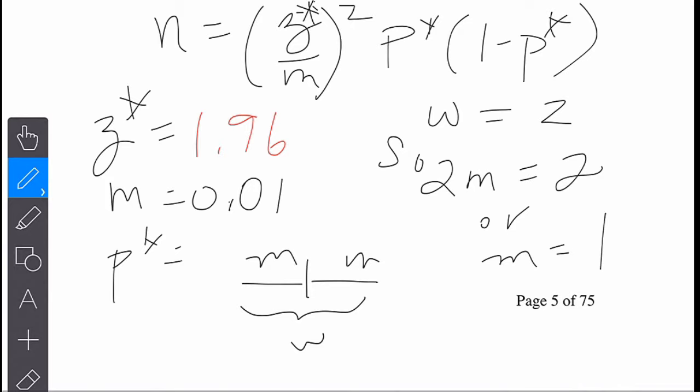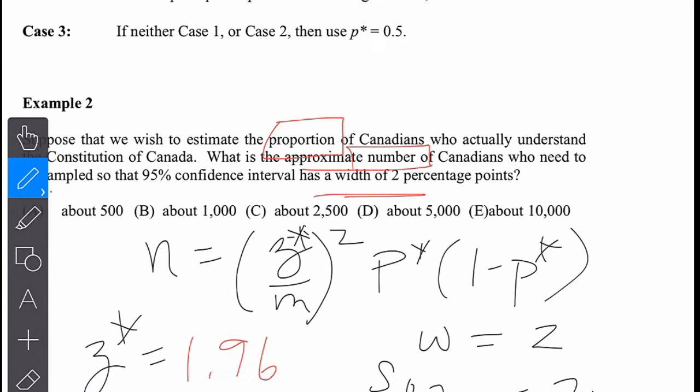Now we have no prior information provided on a proportion. Like there's no other studies that are mentioned.